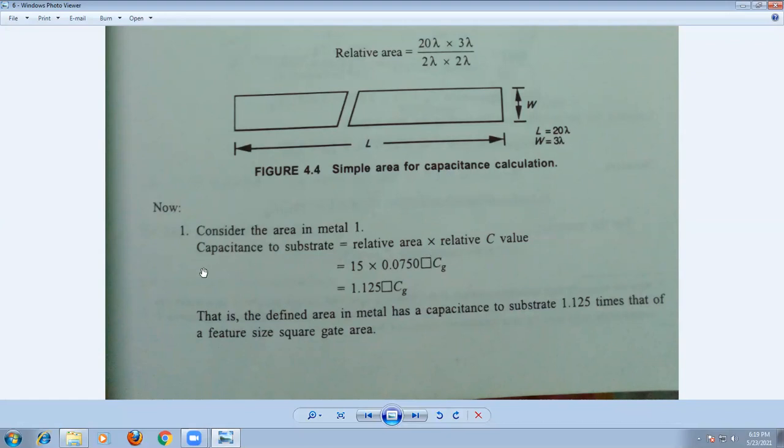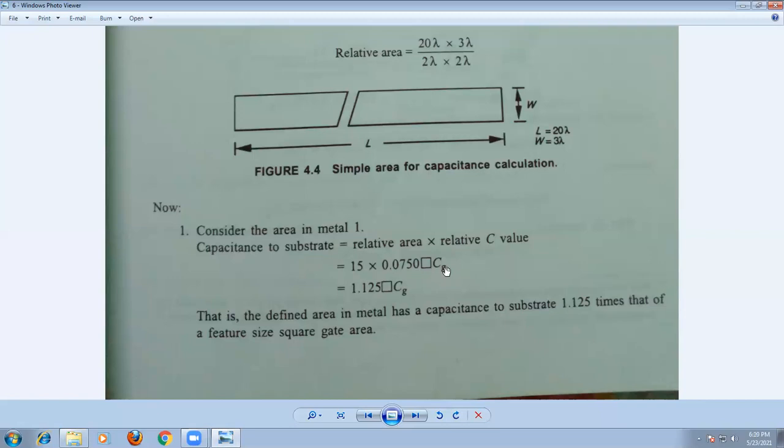So the metal 1 to substrate capacitance is equal to the relative area multiplied by the relative value of C. The relative area of the layer is 15, already calculated, into the relative value of C from the table, 0.075. Because we are taking relative values, you will get the unit in square CZ.